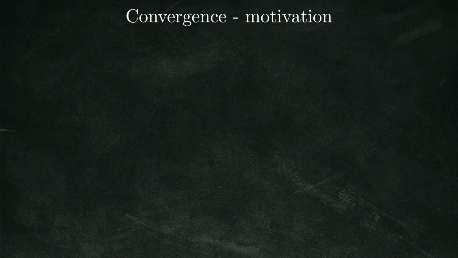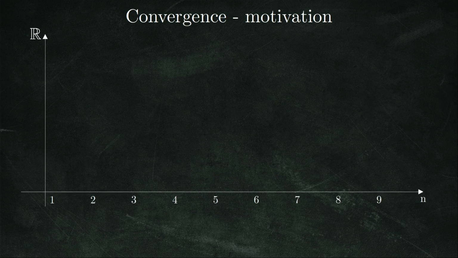We are now going to look at the notion of convergence within a metric space. So we're going to look at a sequence of real numbers, indexed, as always, by the natural numbers. On the y-axis here, we have the real numbers, so this is the space we have a sequence in, and the x-axis is just a way to index the elements of the sequence.